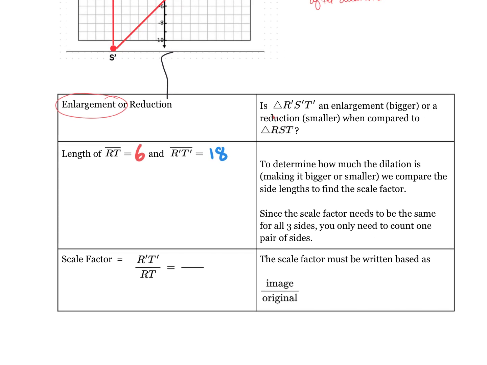Now the scale factor, again, we write as a fraction with the image, R prime T prime, in the numerator, and the original in the denominator. When I simplify this, 18 divided by 6 is 3. So I have a scale factor of 3 to 1, or if we were to write it with a colon, 3 colon 1.